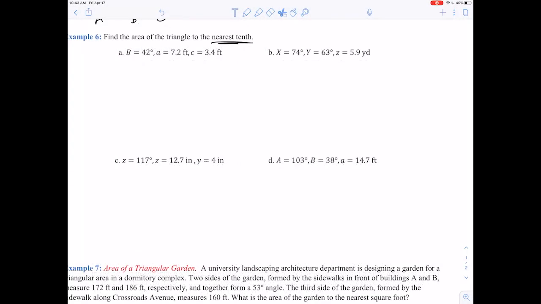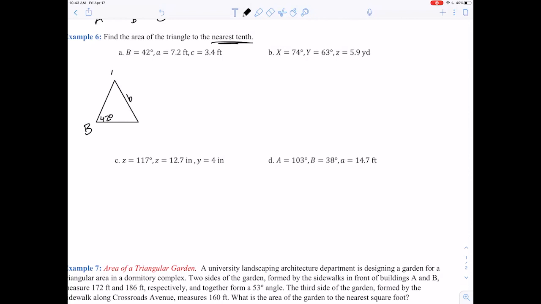Okay, so here's example A. Find the area of the triangle to the nearest tenth. We're given angle B is 42 degrees, side A is 7.2 feet, and side C is 3.4 feet. So let's see what that looks like. Here's angle B at 42 degrees, so side B is over here opposite.